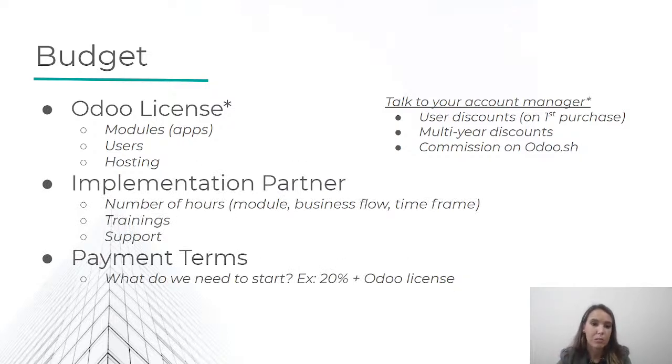So the implementation partner, which is yourself, aside from the licensing, you want to have a good set of expectations for what the client is going to be paying for, right? So the number of hours, whether you're doing it by module, business flow, time frame, regardless of which way that you're going to run through it, it needs to be in certain phases, right?